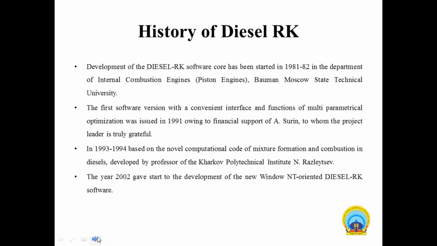In this, the software core was considerably improved and included up-to-date procedures for calculating toxic emissions with account of the exhaust gas recirculation system and multi-phase injection research. As a result of the hard work of the team, the first version of Diesel RK software was issued in 2004.